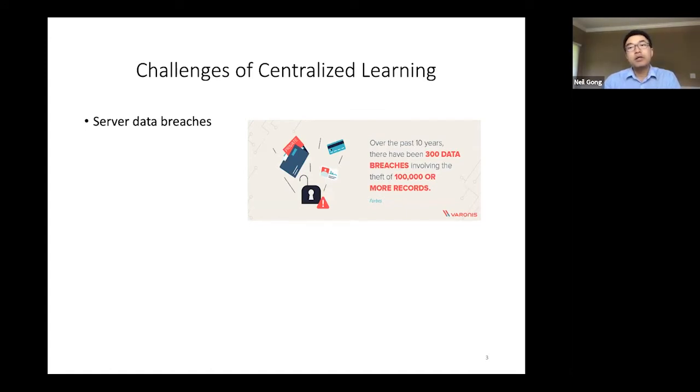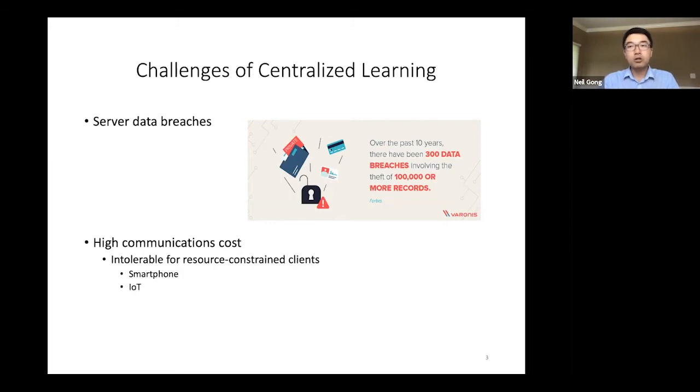These data breaches put client data security and privacy at high risk. The second challenge is that centralized learning incurs high communication costs, which may be intolerable for resource-constrained clients, such as smartphones and IoT devices.